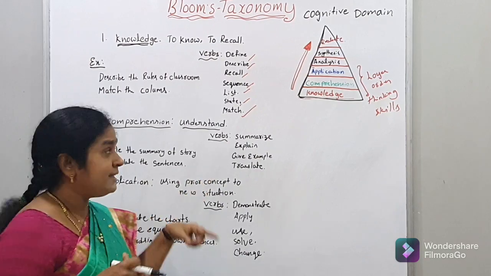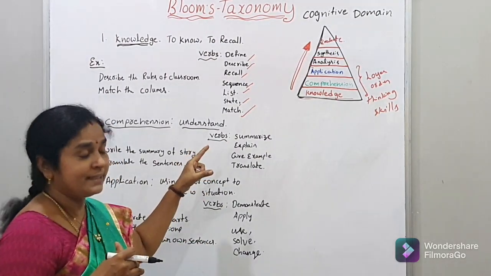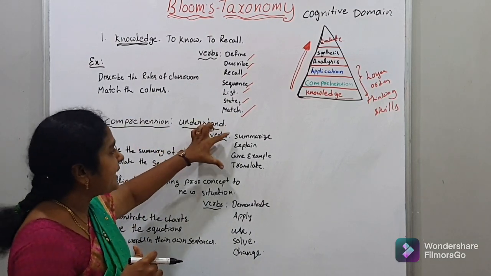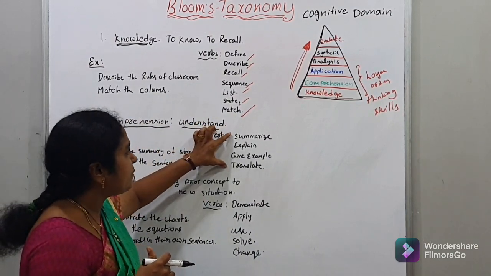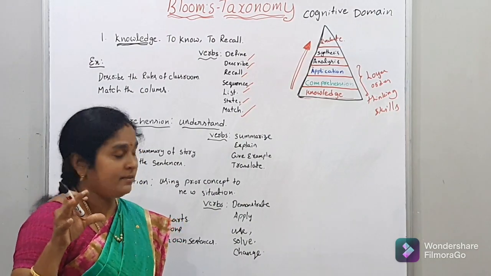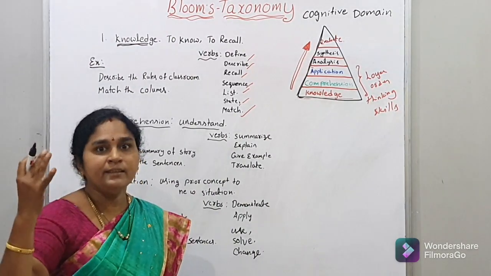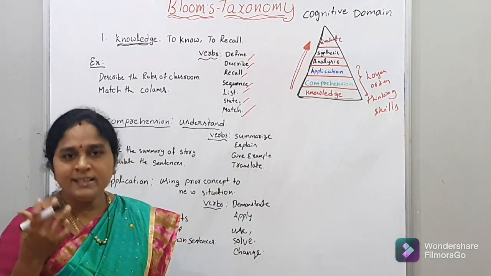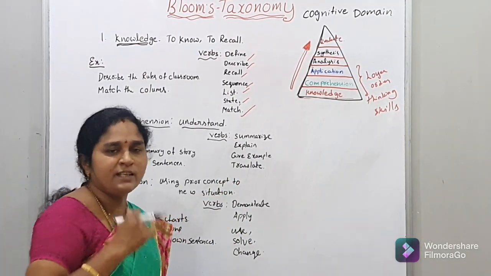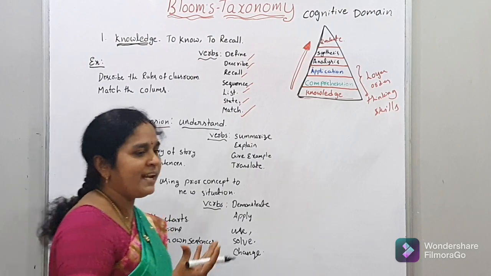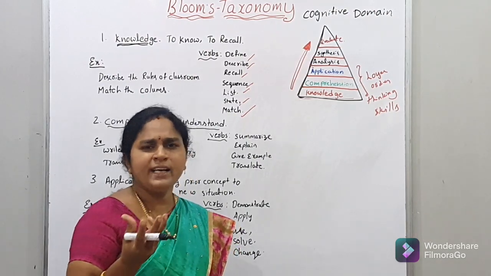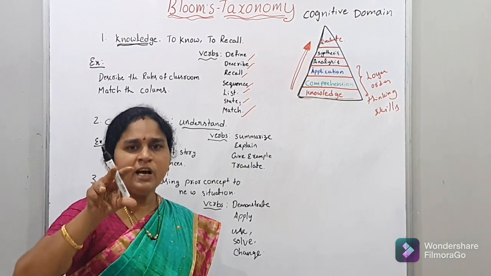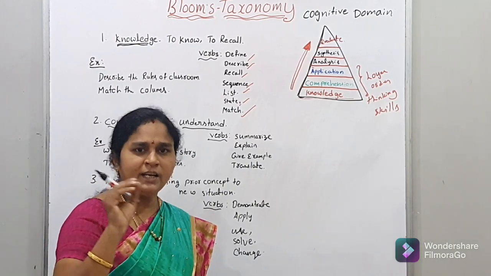But here, for understanding or comprehension, we use verbs like summarize, explain, give examples, and translate. For example, we take a lemon, yellow in color, round in shape, that is the lemon shape, yellow and lemon.